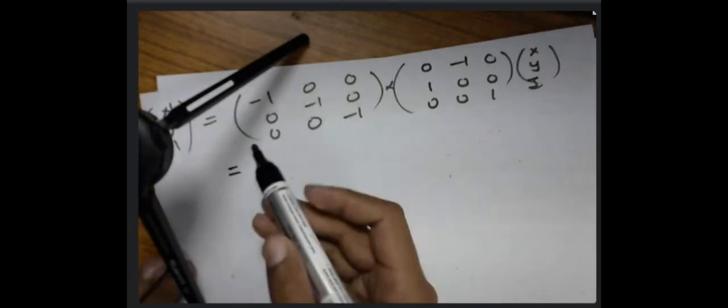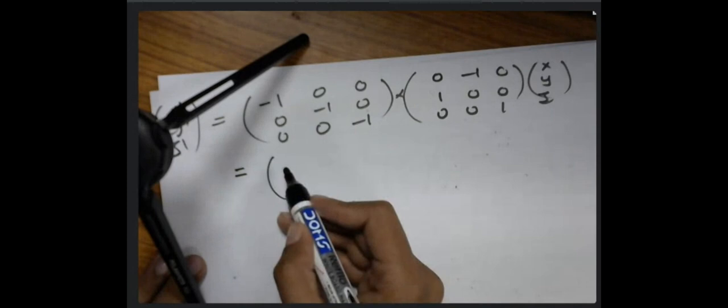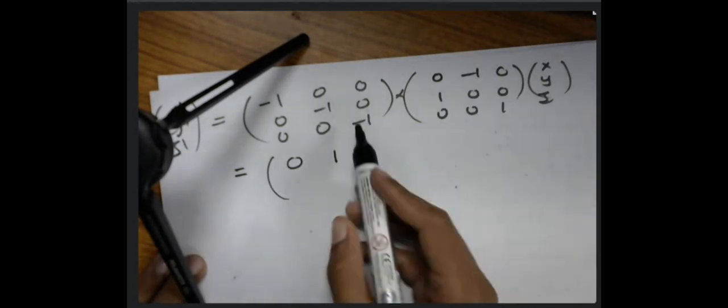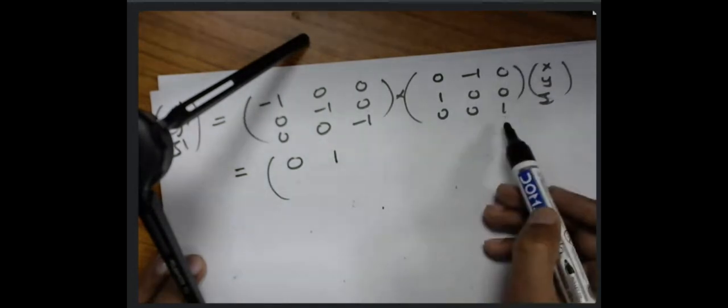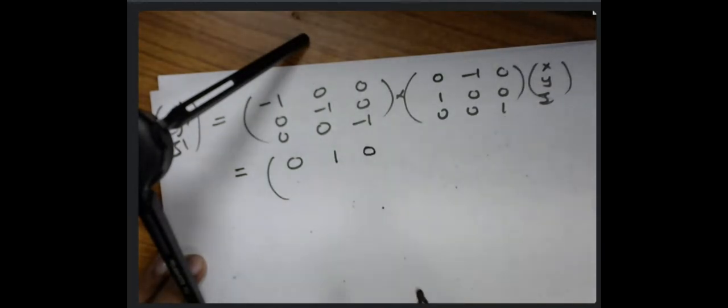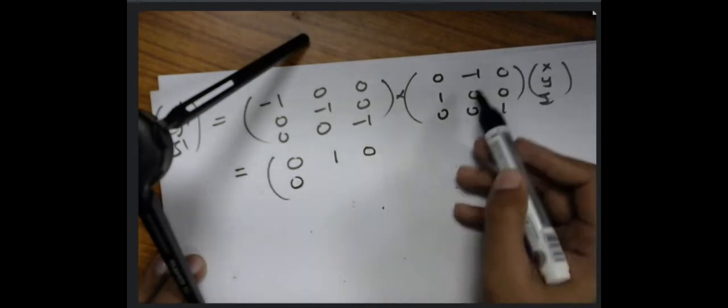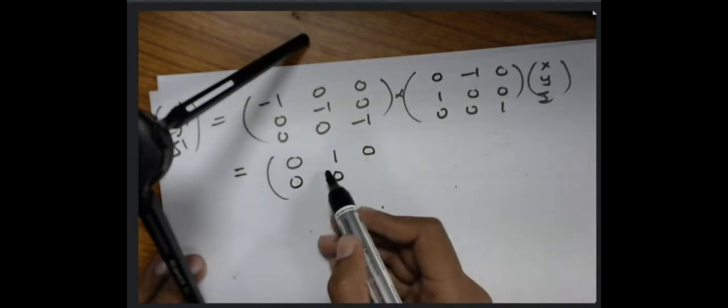Let's do simple matrix multiplication. What will we get? First row, first column, 0. First row, second column, 1. First row, third column, 0. Second row, first column, 0. Second row, second column, 0.